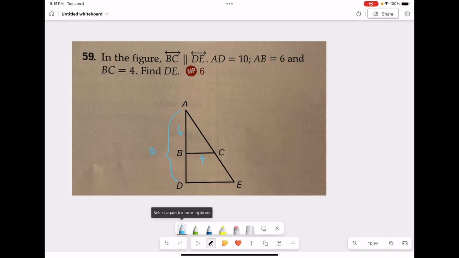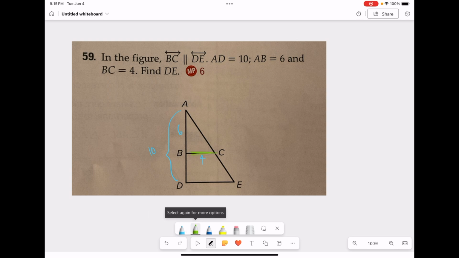What that says is that if a line is parallel to one side of a triangle and intersects the other two sides, then it divides the sides into segments of proportional lengths. So here we have BC that intersects AE and AD, and DE intersects AE and AD, right? I'll color it green.